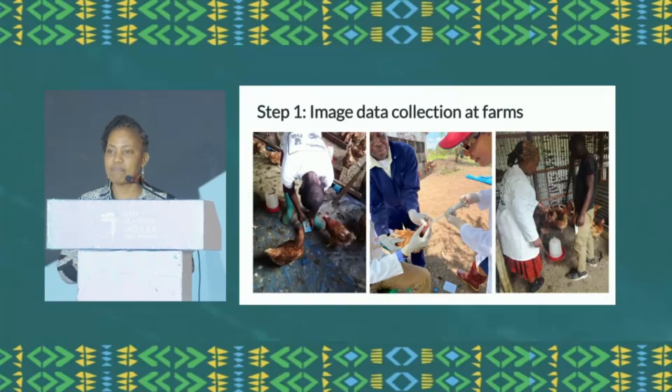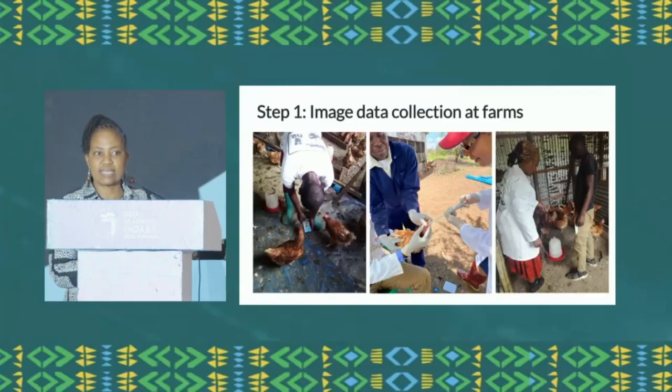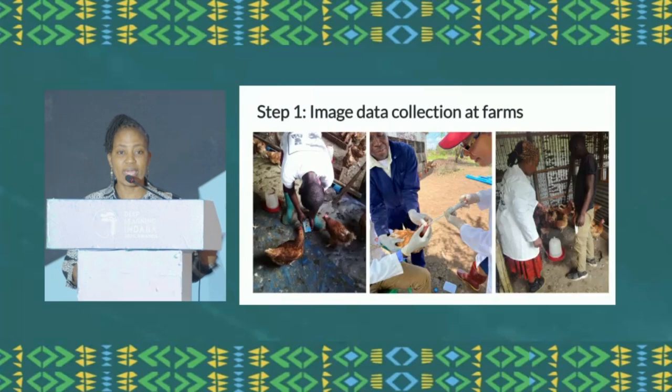So at every farm that we visited, you had to take time to explain what the research was about and what we would do at the farm. And the question that kept coming from the different farmers was, what are we going to get in return? We're giving you access to our farms. You are able to gather the data, but what are we going to get in return and when?